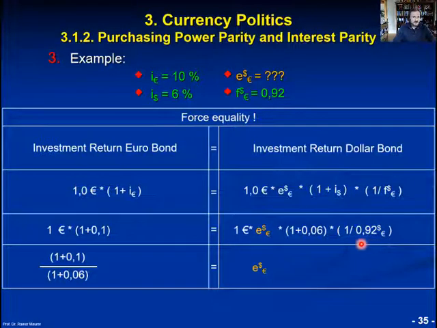Then this exchange rate disappears on the right side and reappears on the left side. So now we have found the solution for our equilibrium spot exchange rate. The value is $0.9547 per euro.